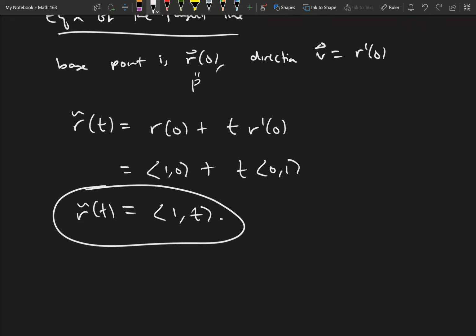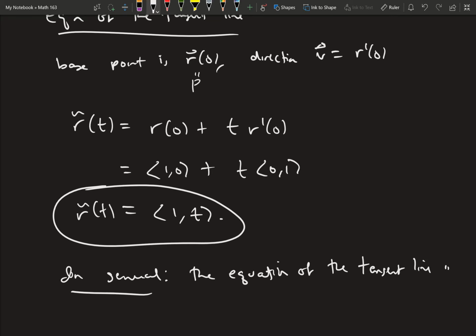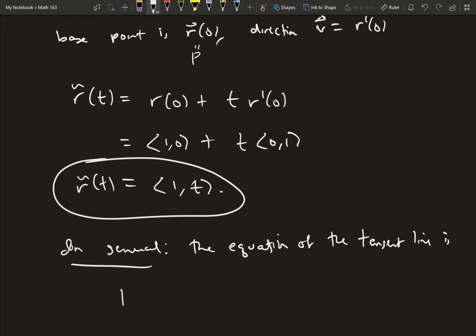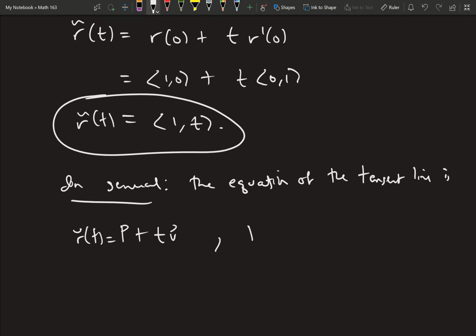And let me maybe write that. So in general, the equation of the tangent line is, put your base point p plus tv, r tilde of t equals p plus tv, where p is r of 0, and v is, or instead, it may not be at 0, right?